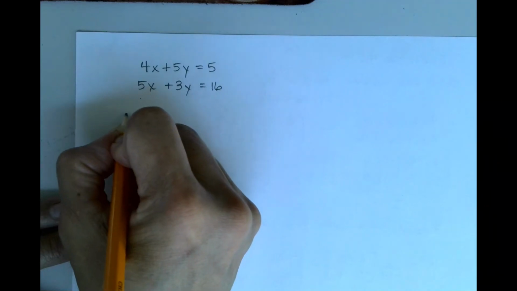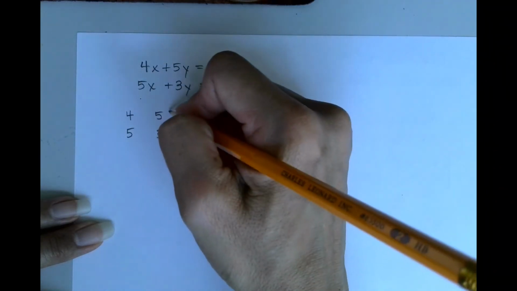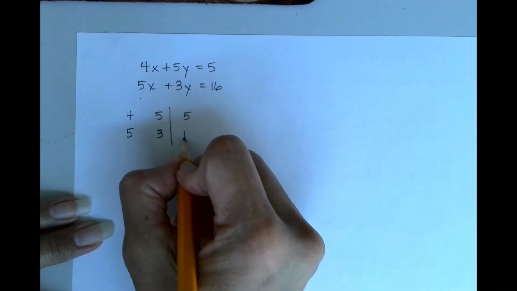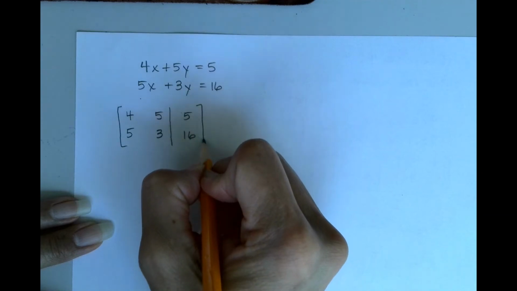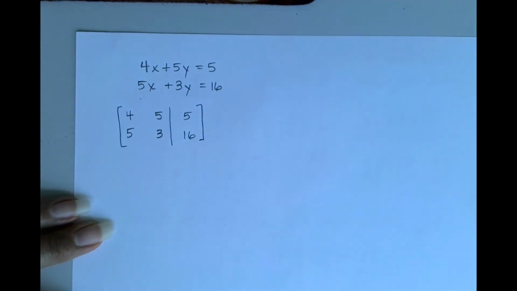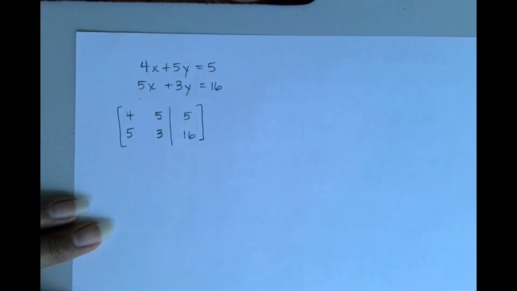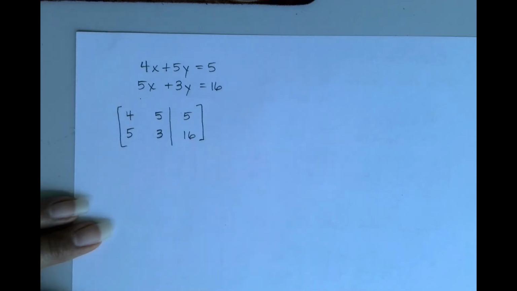So here we go. I'm writing the x column, I'm writing the y column, and then I'm going to put a vertical line, and then I'm going to write on this side of the vertical line the constants. Okay, and my goal is to get ones here and zeros here, and in so doing I'll end up solving for x and y.